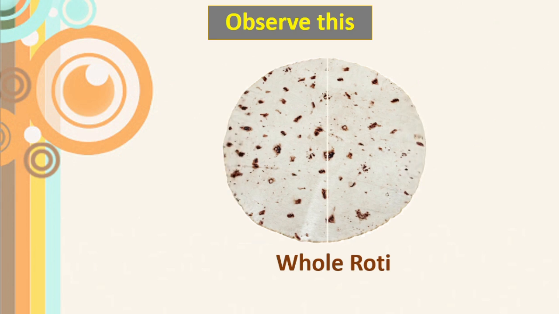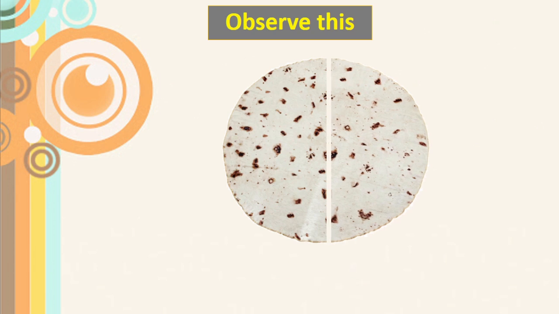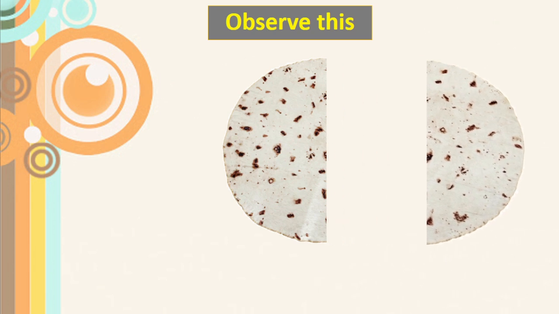See this. One piece she will give to her son and one piece she will give to her daughter. These two are exactly the same portion. That is called half and half. This is roti, so we can say this is half roti and this is half roti.